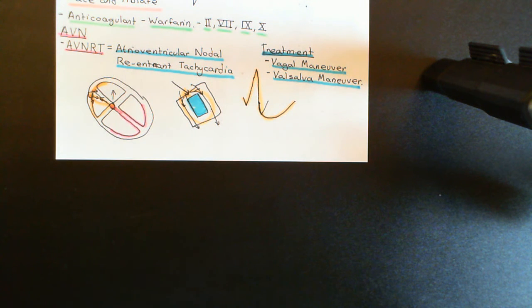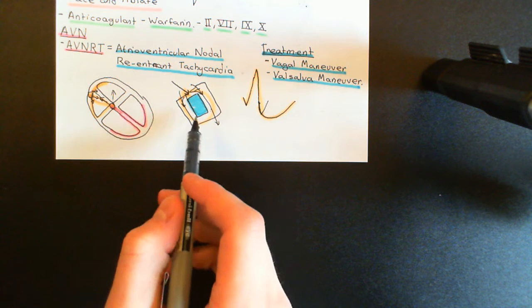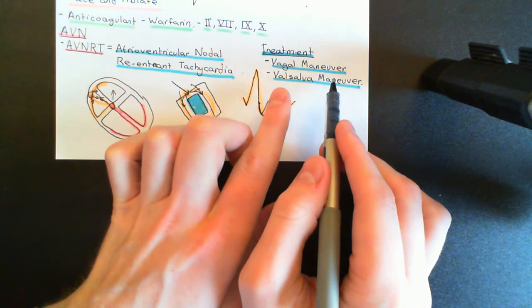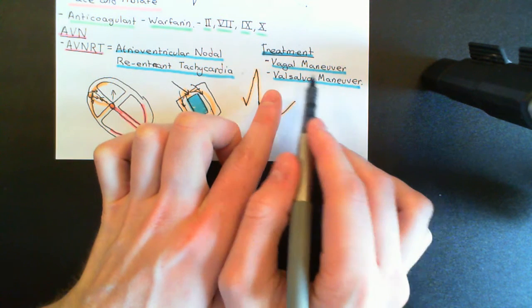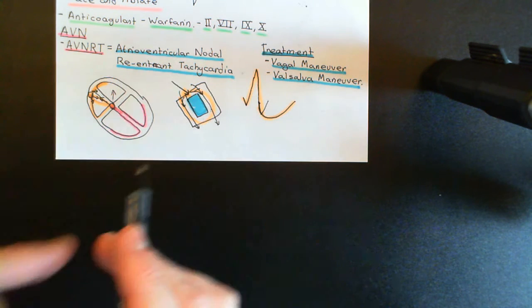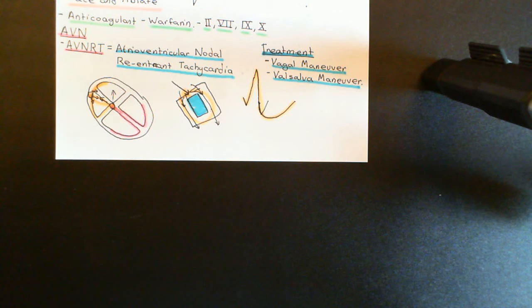So remember, parasympathetic nerves are going to release acetylcholine onto the atrioventricular nodal cardiomyocytes, and acetylcholine will work on the M2 muscarinic acetylcholine receptor, which then has the effect of slowing down the conduction of action potentials in the AV nodal cells. Okay, so the idea is, if we can increase the amount of parasympathetic stimulation onto the AV nodal cells, then we can reduce the conduction velocity in the AV node. And this is what the vagal manoeuvre and the valsalva manoeuvre are all about.